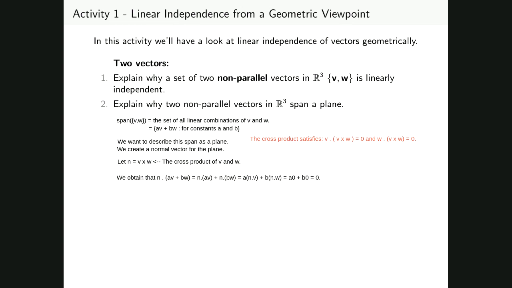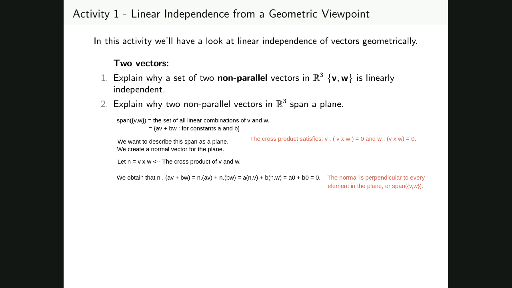Okay, so this normal is perpendicular to every element of the plane.